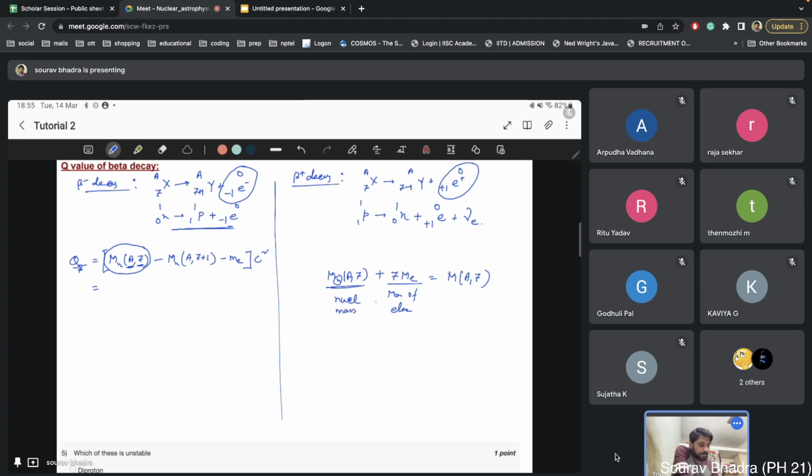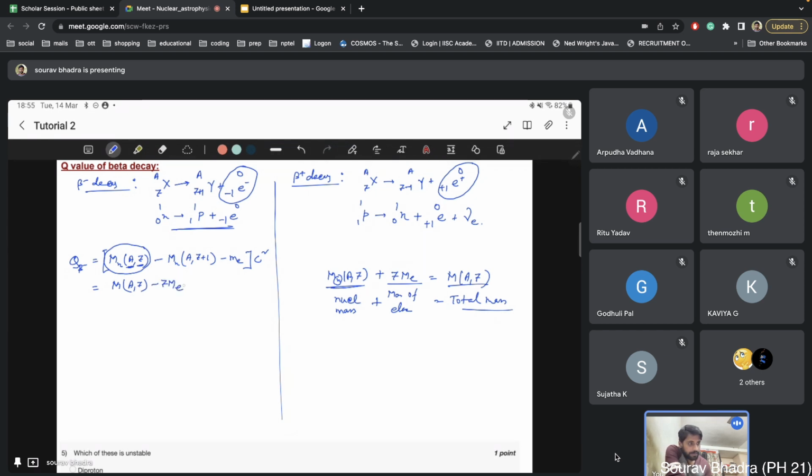So nuclear mass plus mass of electrons is the total mass. That means m of A, Z minus Z m_e is m_n of A, Z.